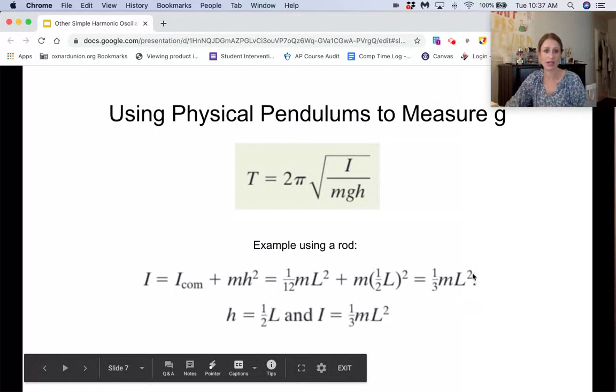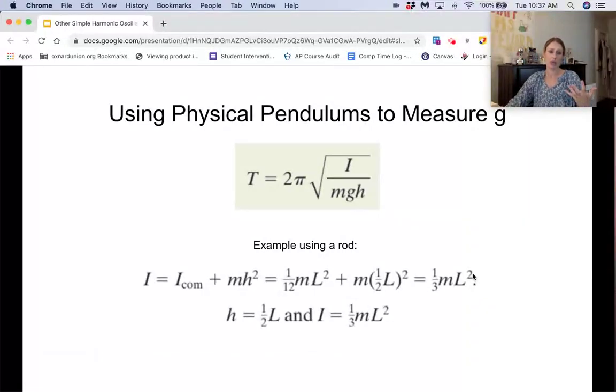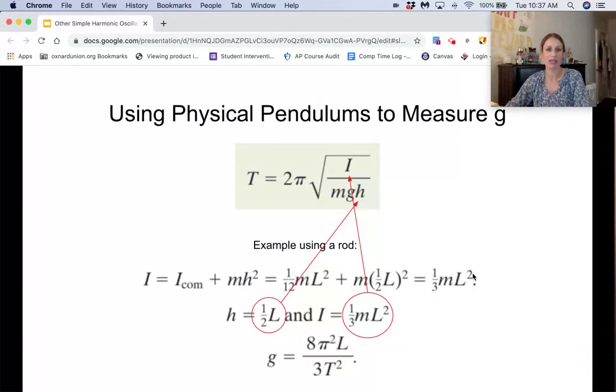So h is our distance from the center of mass to that axis of rotation that you saw on the last slide, and I is our rotational inertia about the new axis of rotation, which is at the very end of this rod as it swings back and forth like this. We insert these into this equation, rearrange, solve for acceleration of gravity, and we get that the acceleration of gravity is equal to 8 pi squared L over 3 times the period T squared.